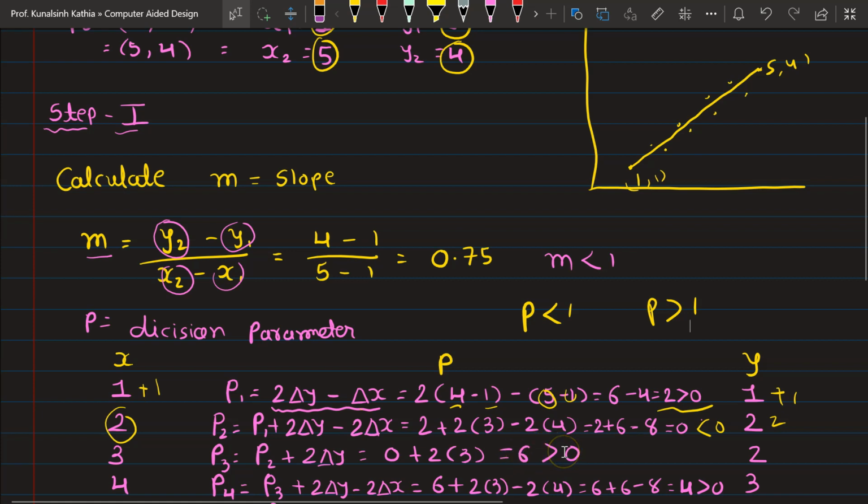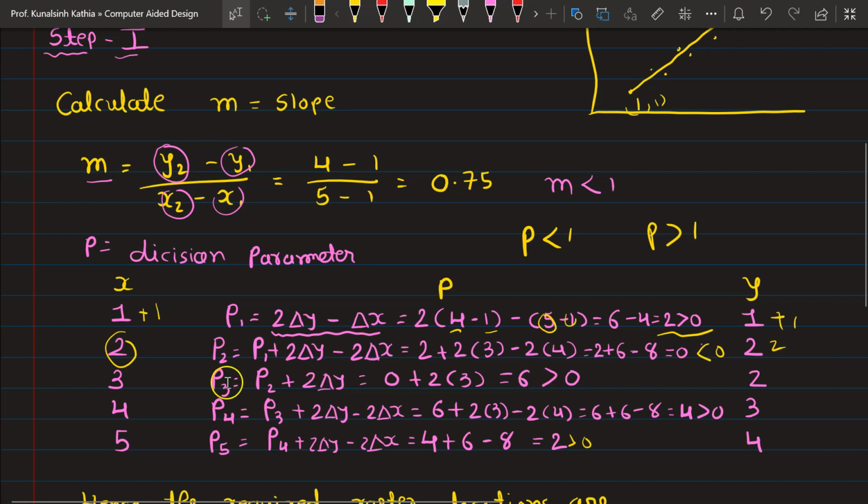So again I will add plus 1 to 3, so it will be 4, and in y plus 1 it will be 3. Again, if this is positive, then I will use the decision parameter equation p3 plus 2 delta y minus 2 delta x, right? And I find that it will be 4.